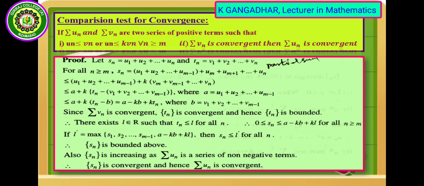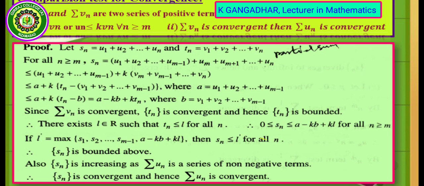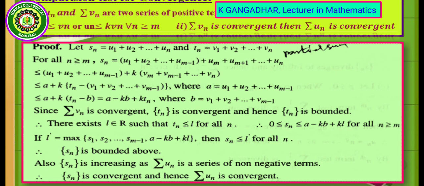Now the proof of this test. First we define the nth partial sums of sigma un and sigma vn. Sigma un's nth partial sum we say Sn, and sigma vn's nth partial sum we say Tn.